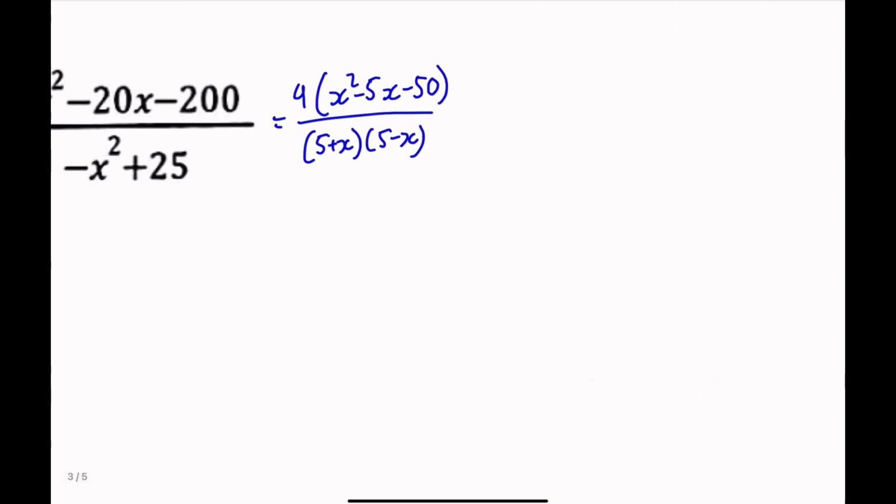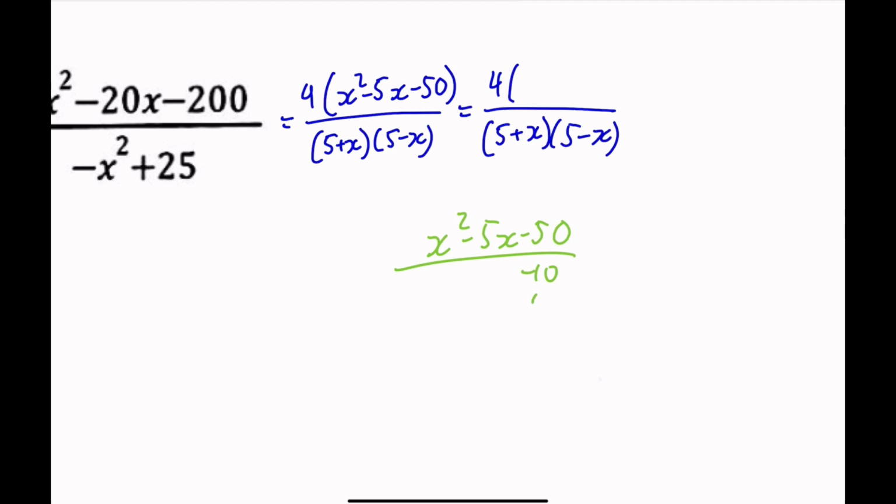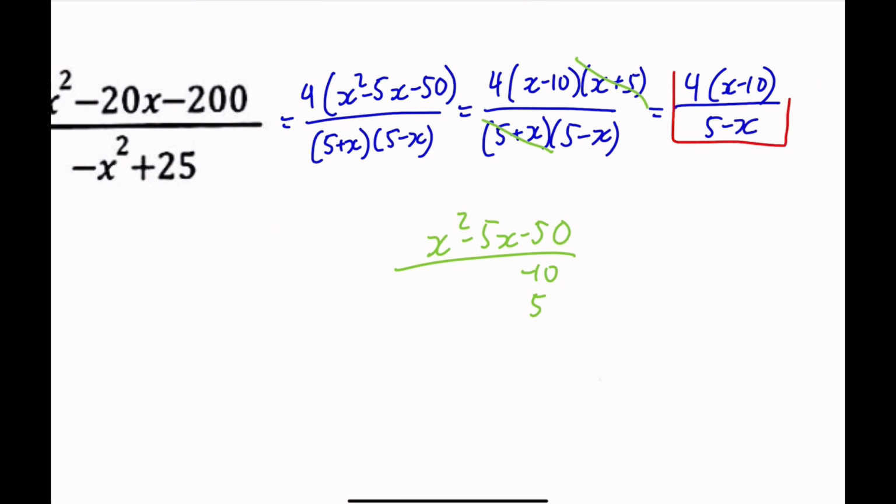The denominator is the same, and the numerator becomes 4 times, and we can factor x squared minus 5x minus 50 into minus 10 and 5. Therefore, it becomes x minus 10, x plus 5. And so these two cancel, and this is all that's left. So our answer becomes 4 times x minus 10 over 5 minus x, and that is our answer.